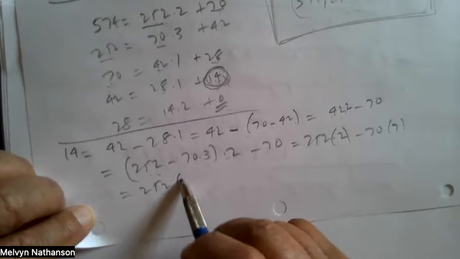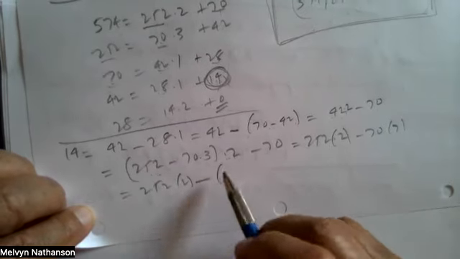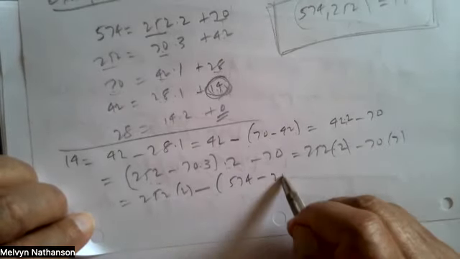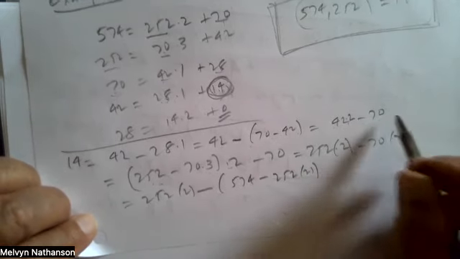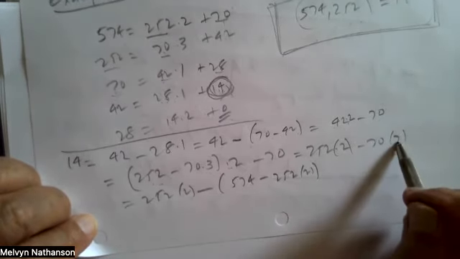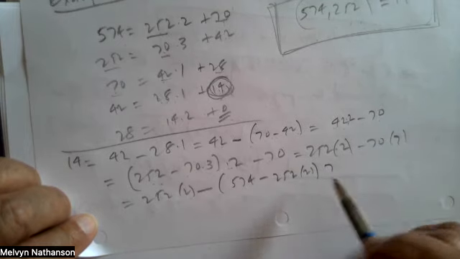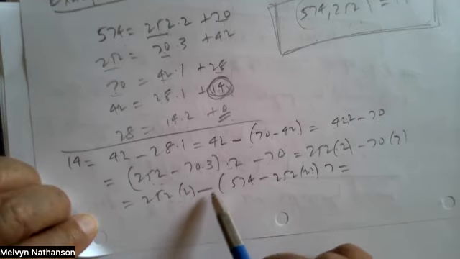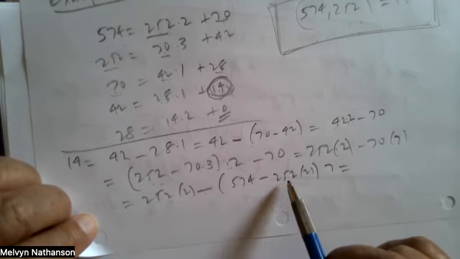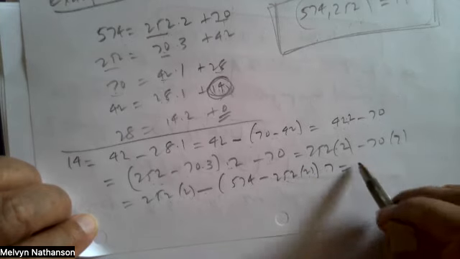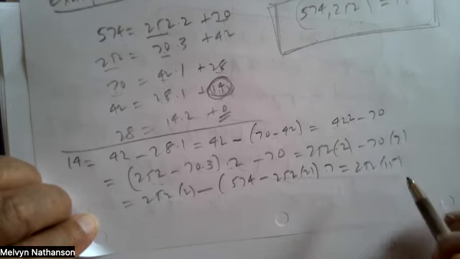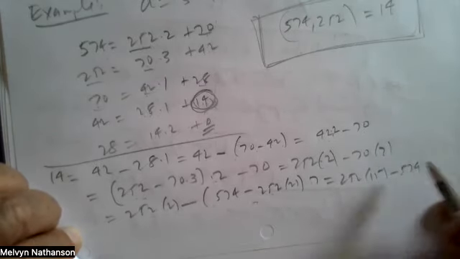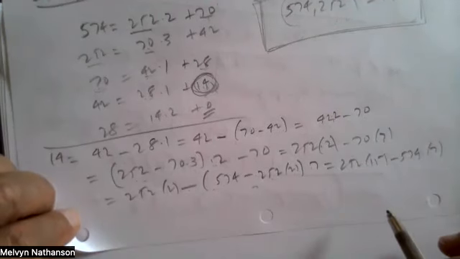So this is 252 times 2 minus, what is 70? 70 is 574 minus 252 times 2. That's 70 times 7. So I have 252 times 2 minus times minus is plus 252 times 14. That's 252 times 15 minus 574 times 7.